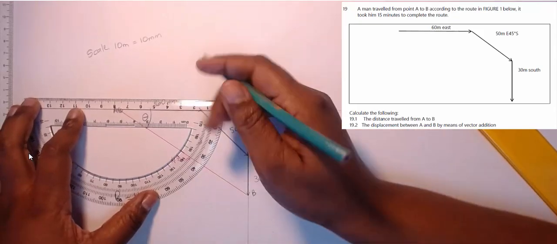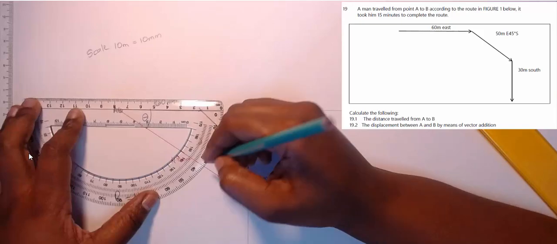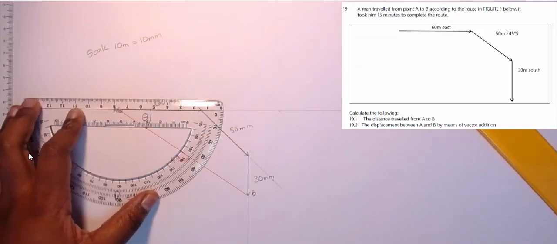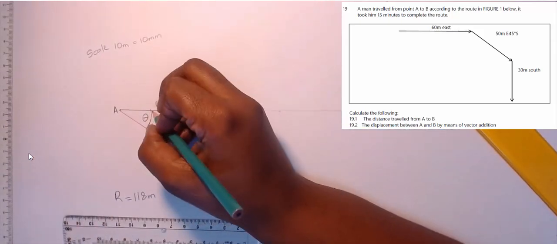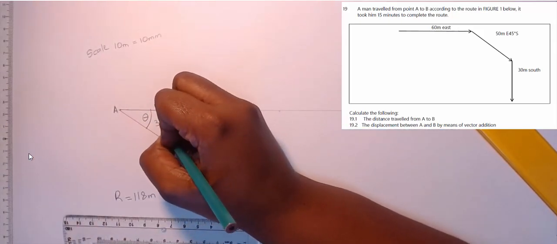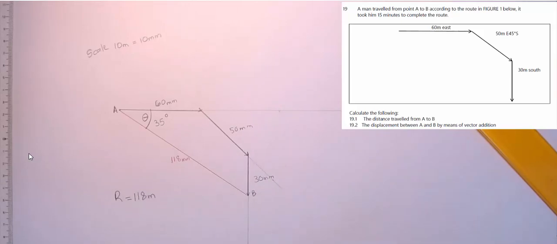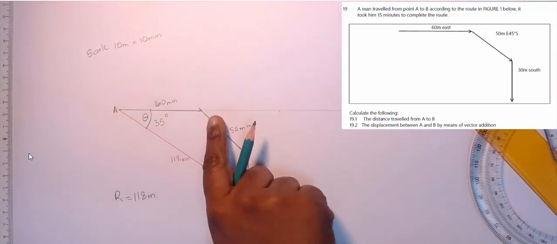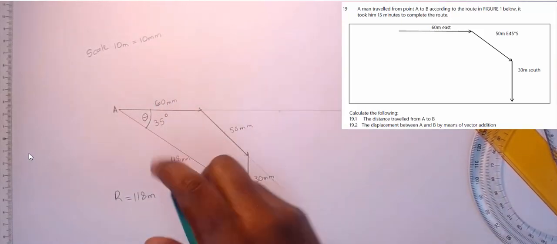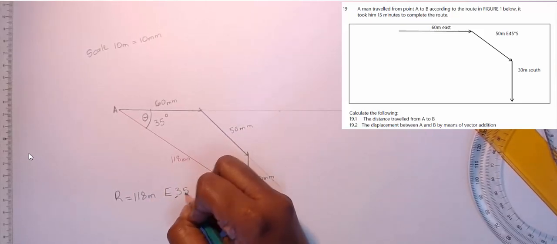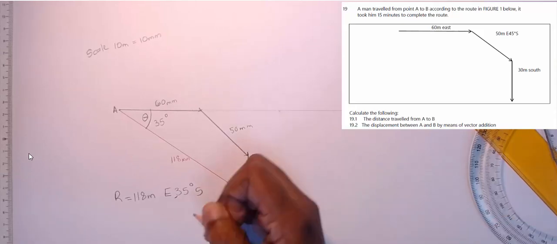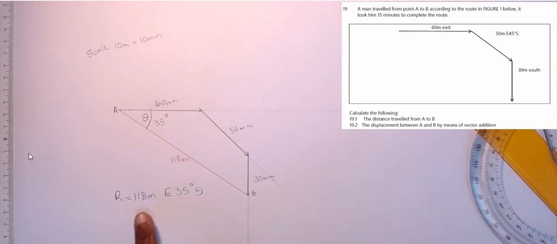Yes, it is 35. It doesn't really matter if it can be 34 or 35. So when I count, it is 35. That means this angle right here is 35 degrees. Which direction did I start? I went to the east. So it will be east 35 degrees going to the south. That is my magnitude and my direction.